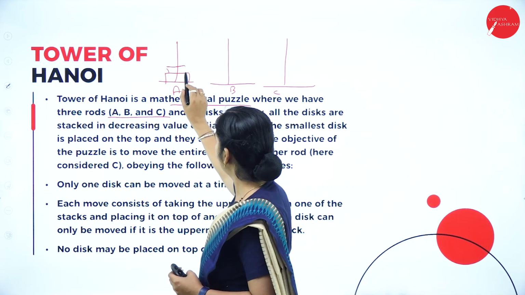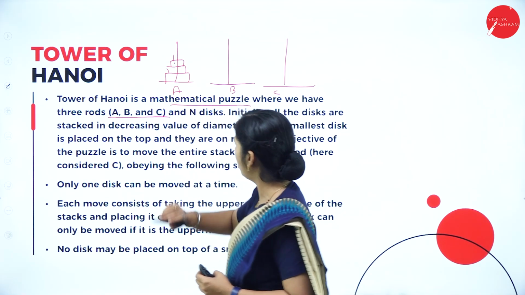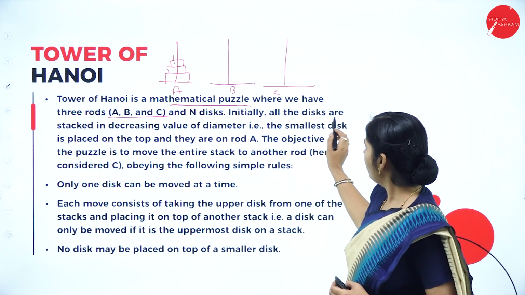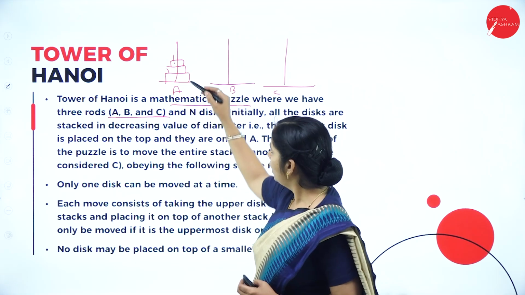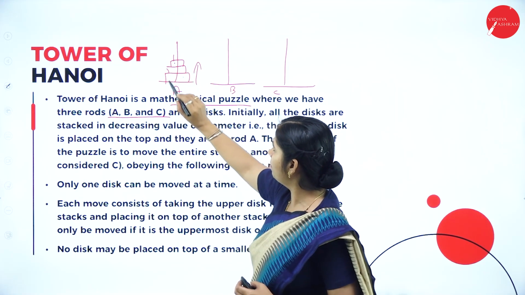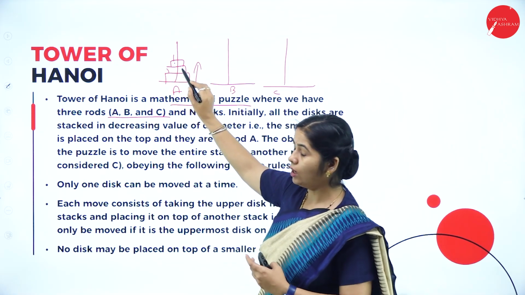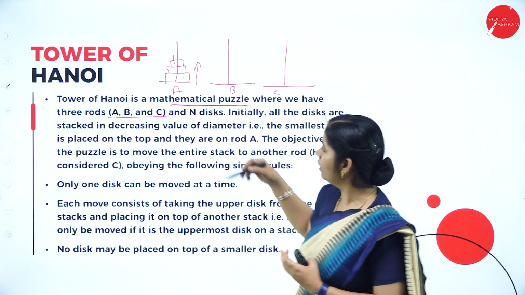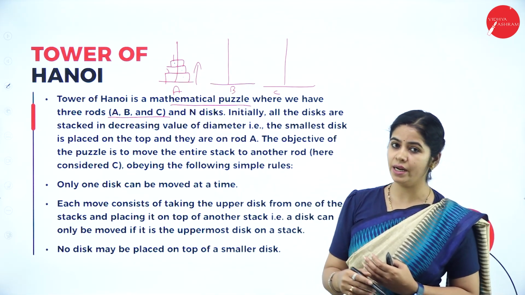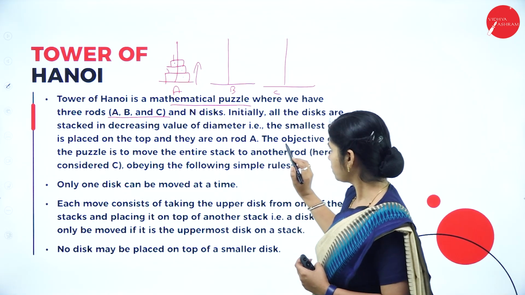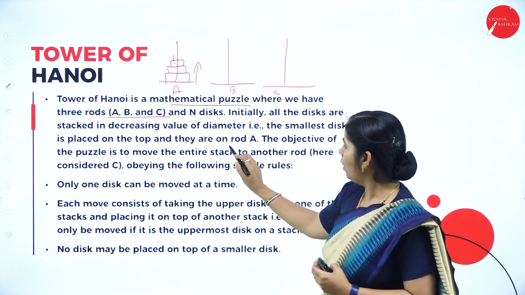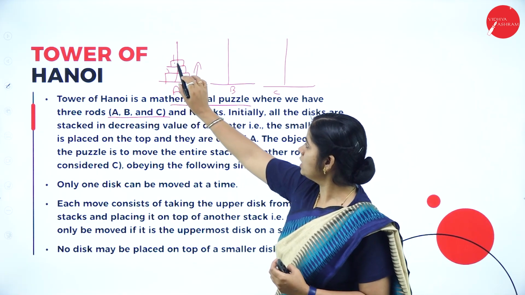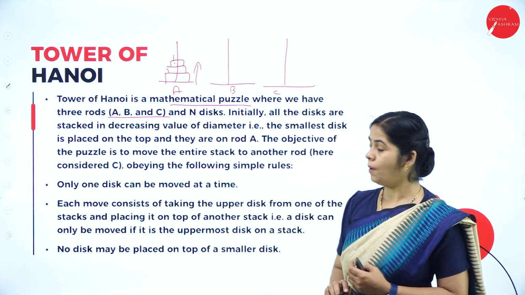These n disks are stacked in decreasing size, like we have the bigger one at the base, then a little smaller, then smaller, like that, stacked in descending order in the tower. The smallest disk is placed on top on rod A.